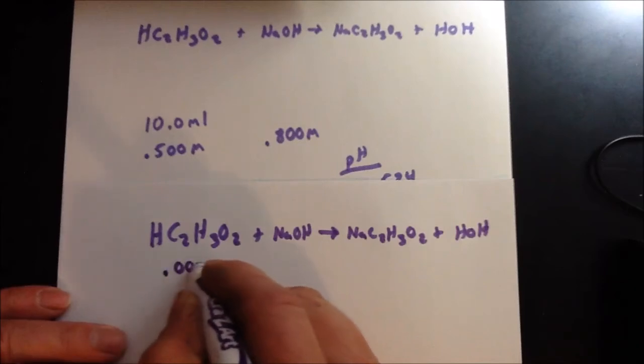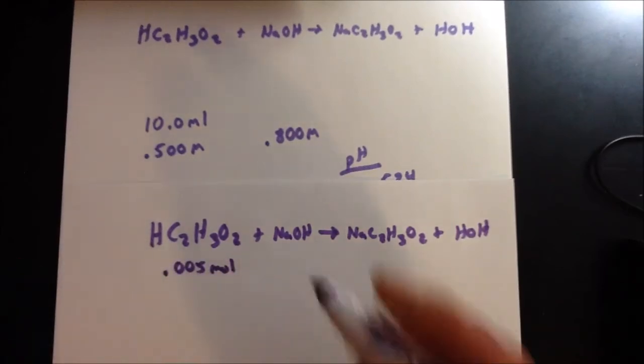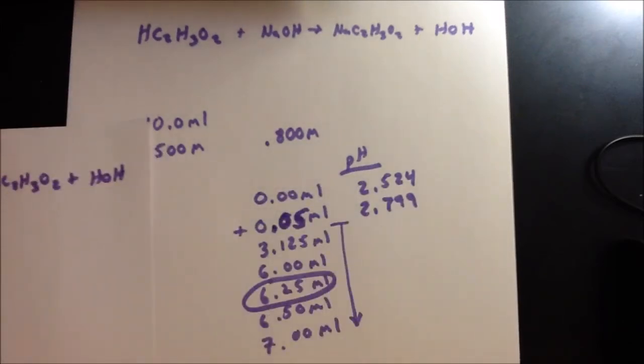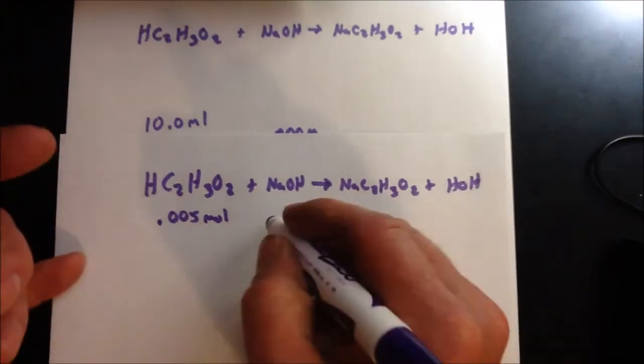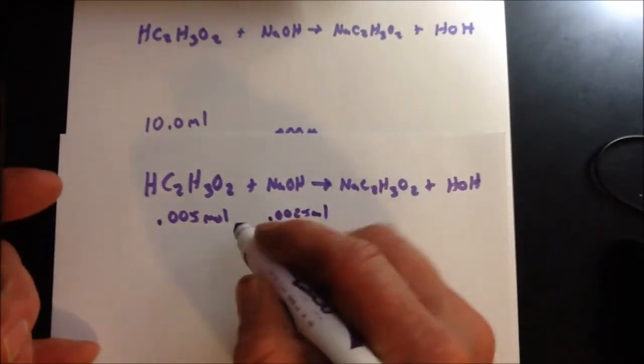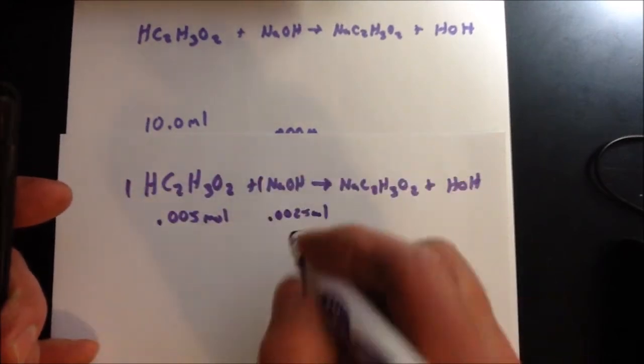I've got 0.005 moles of acetic acid, and we've got 0.8 molar times 0.003125 liters, and that gives me 0.0025 moles of sodium hydroxide, a 1-to-1 mole ratio.